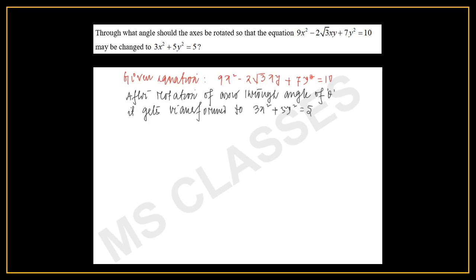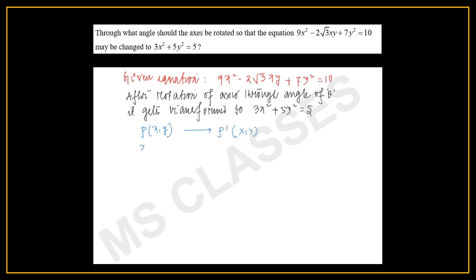When the rotation of axis was there by some angle theta, we got the new equation. So we consider a point P (x, y) with the coordinates in the original equation, which got changed to capital X, capital Y after the rotation.